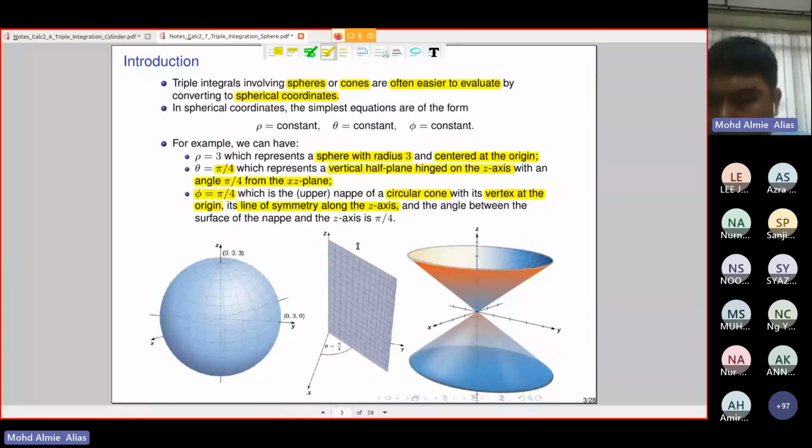And then the angle here, I mean, phi equals pi over 4, actually gives you the angle between the surface of the nappe and the z-axis. So you have this z-axis, and the angle between this and the surface, for any value of theta, is pi over 4.